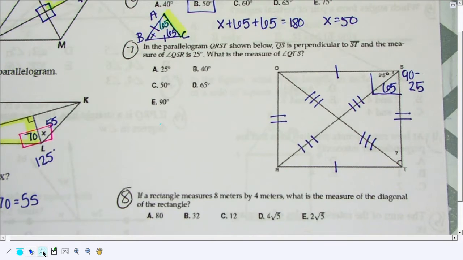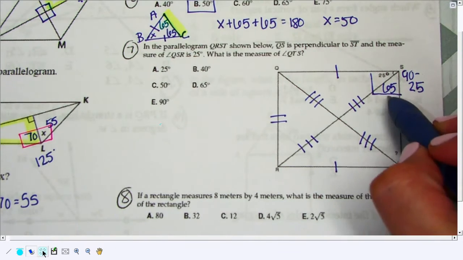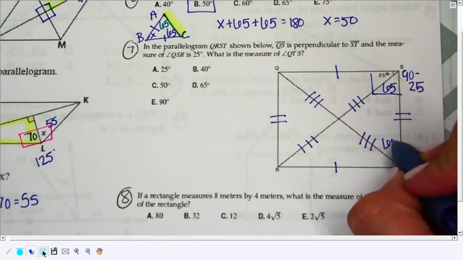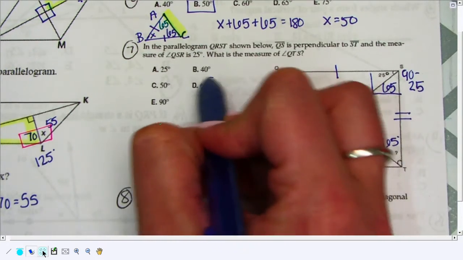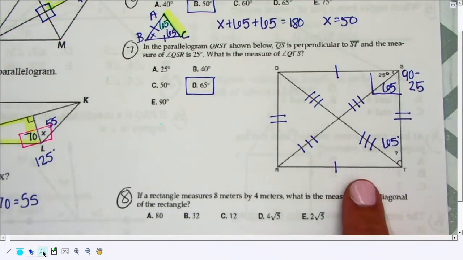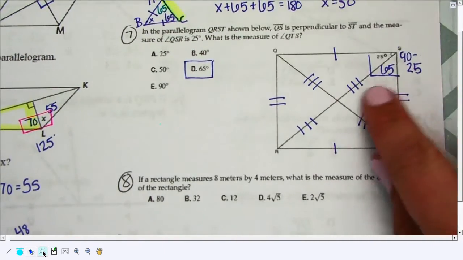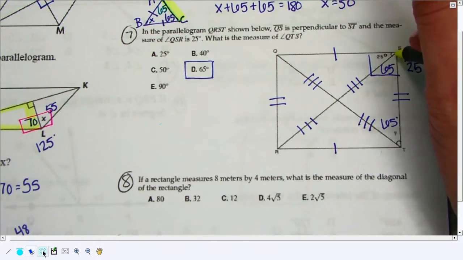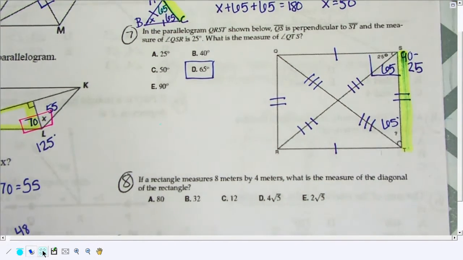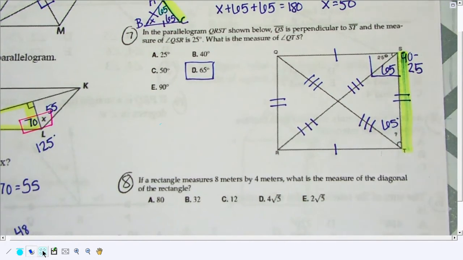And since this triangle is isosceles, these 2 are the base angles, creating this one as also being 65. So to help you see the same image from here, these are the 2 equal legs. This would be the base. The angles that sit on the base are base angles.